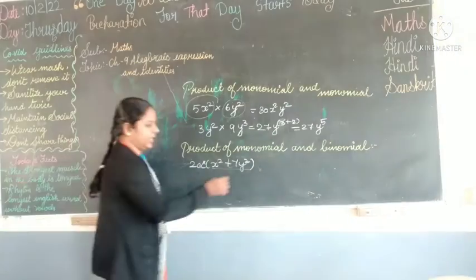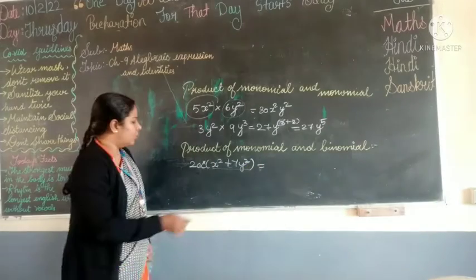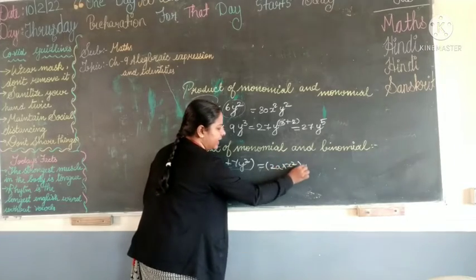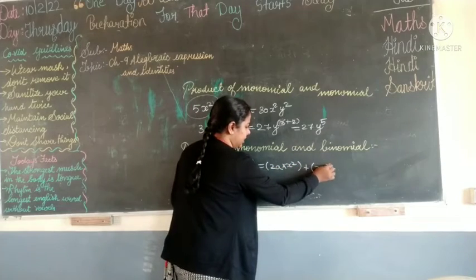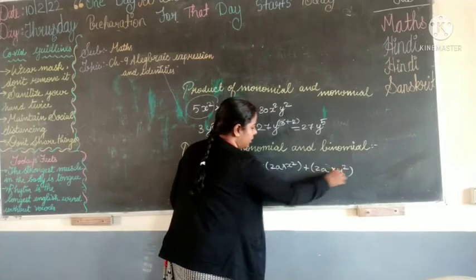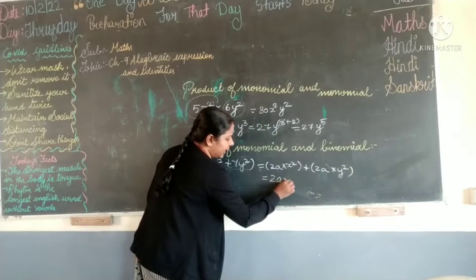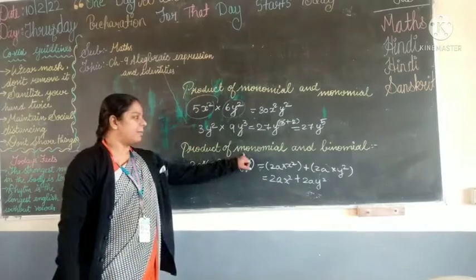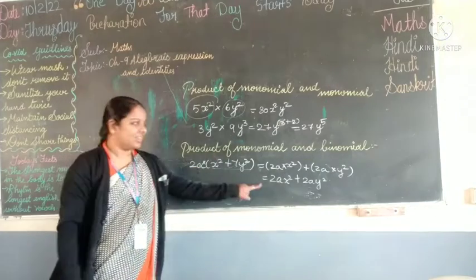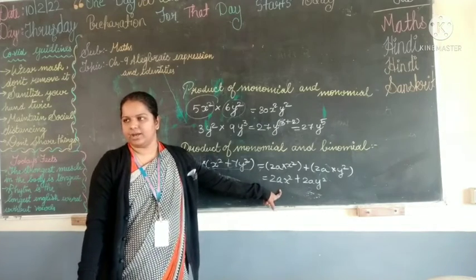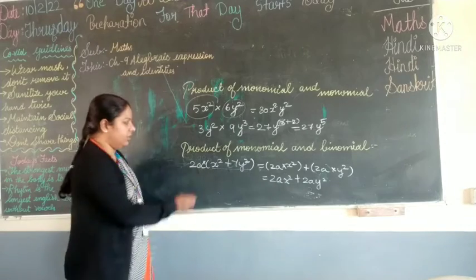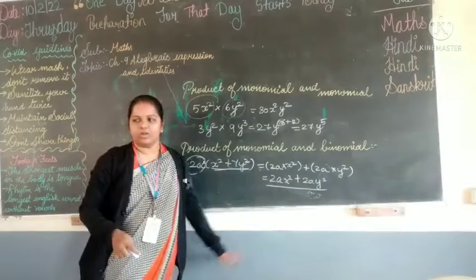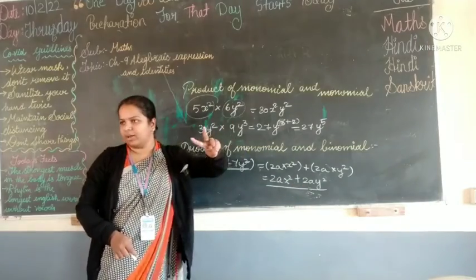So we get 2a into x square plus 2a into y square, which is 2ax square plus 2ay square. When you multiply a monomial with a binomial, the answer is a binomial, since two terms are there.